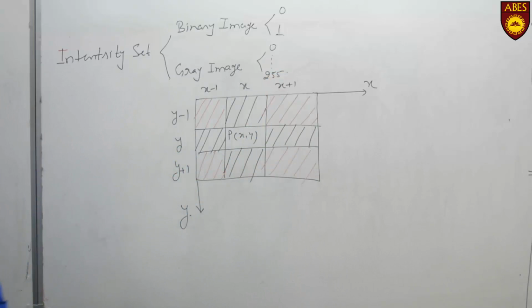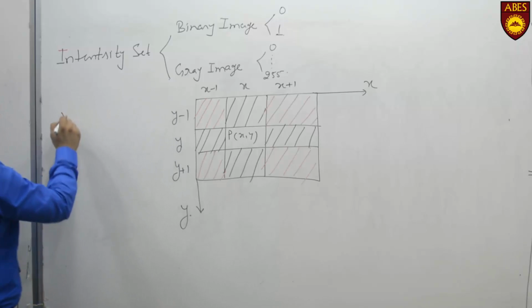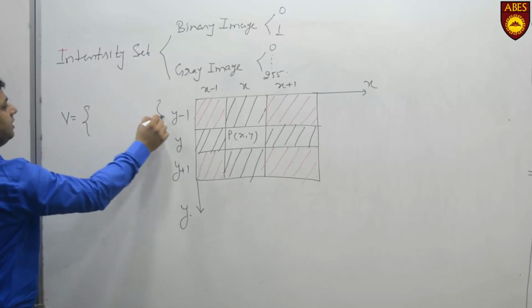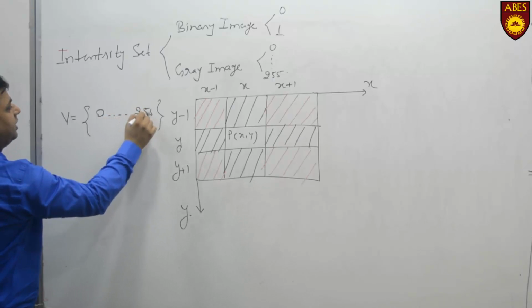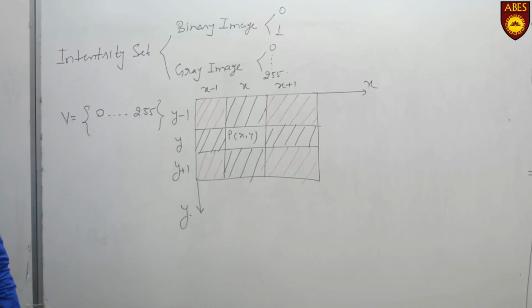So when we discuss adjacency, we have to take care of the intensity value set V, which may be a combination of any values ranging from 0 to 255.